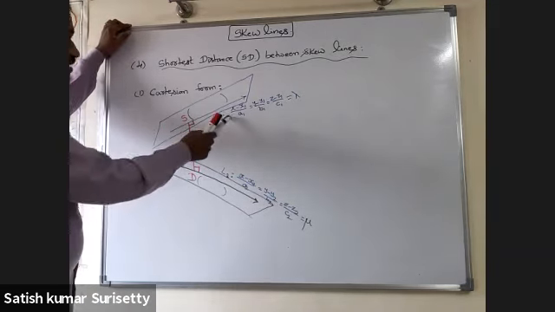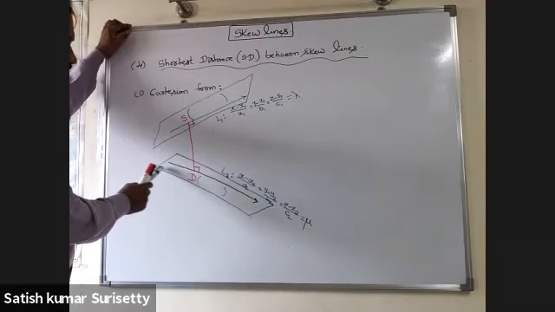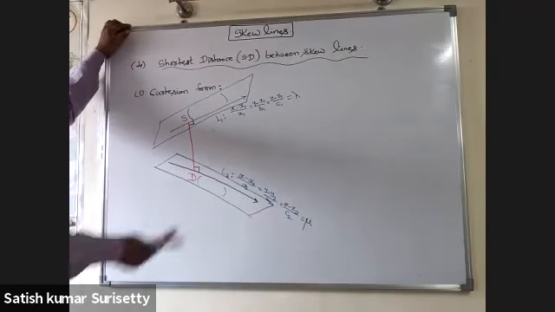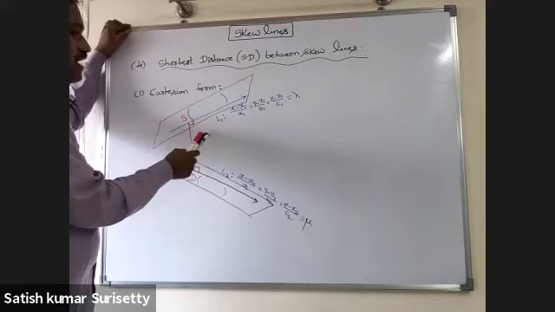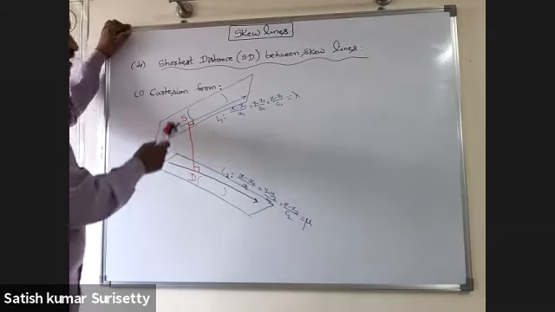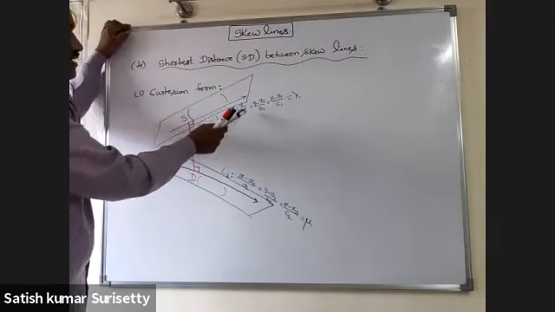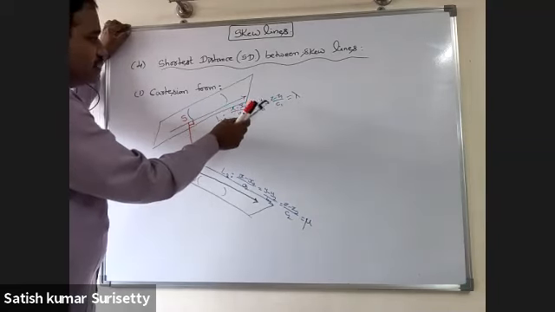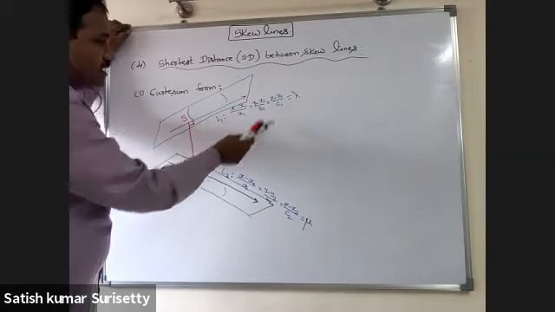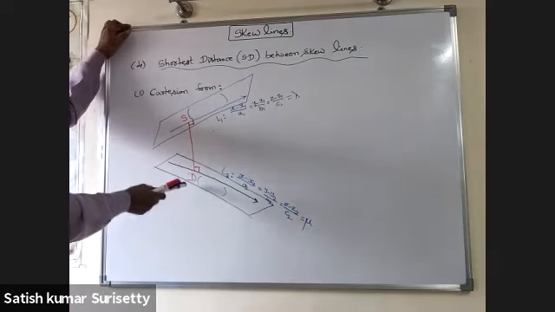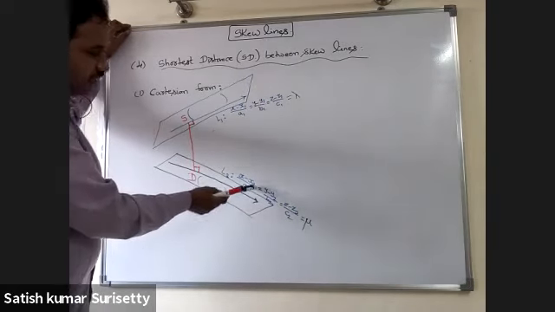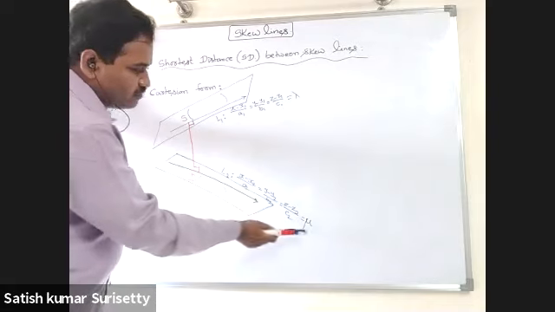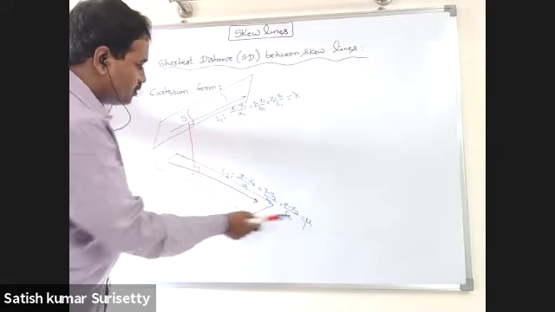SD is perpendicular to line 1 as well as to line 2. Let us take a general point in terms of parameter lambda. We can write the coordinates of S as x1 plus lambda a1, y1 plus lambda b1, z1 plus lambda c1, and the coordinates of D as x2 plus mu a2, y2 plus mu b2, z2 plus mu c2.